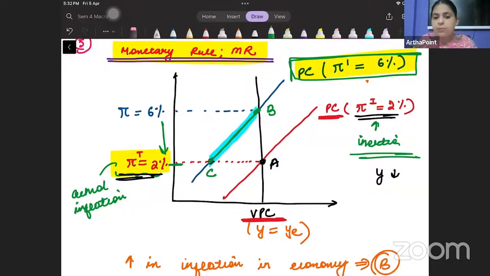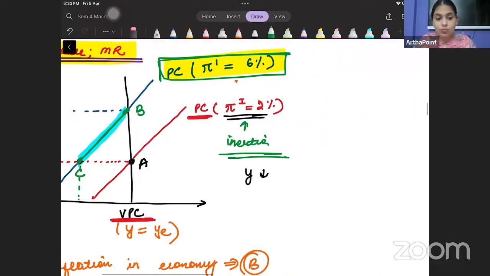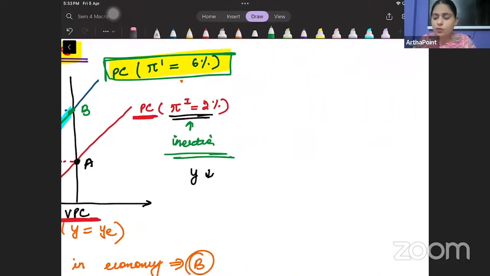But as I come from B to C, it will be clear to you that I will have to lower the level of the output, right? But how can I lower the level of output? We know that in order to reduce output, we must increase the interest rate in the economy. Because when the interest rate increases, investment will decrease.